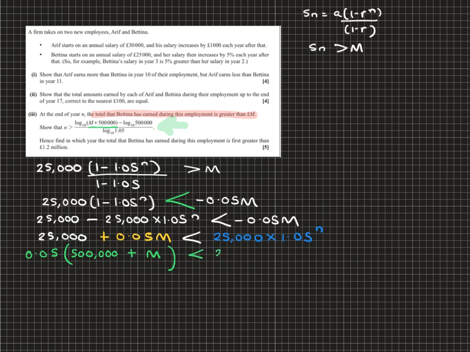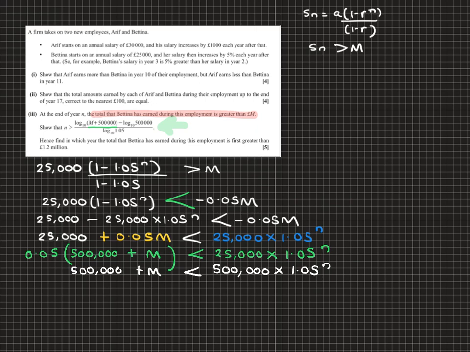On this side over here, we've still got this. Now, I'm now going to divide both sides by 0.05. So on the left-hand side, I've got 500,000 plus m, and on the right-hand side, I've got 500,000 multiplied by 1.05 to the power n.